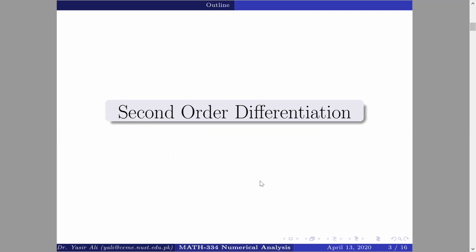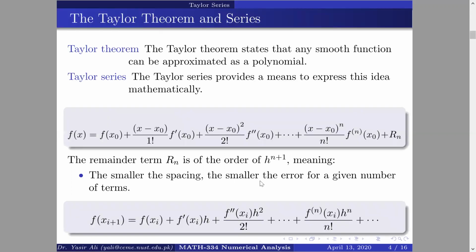But before going to the development of the formula, we will have a recap of what we have done so far. First, we studied the Taylor series and Taylor theorem. The theorem just says that any smooth function can be written in the form of a polynomial, and the series gives us the way to write that function.